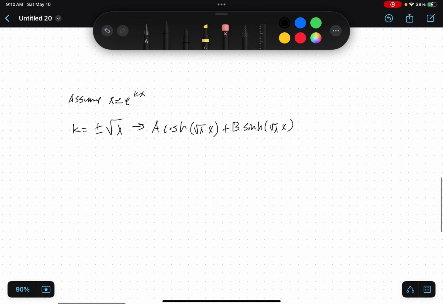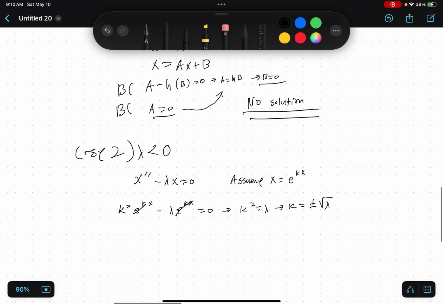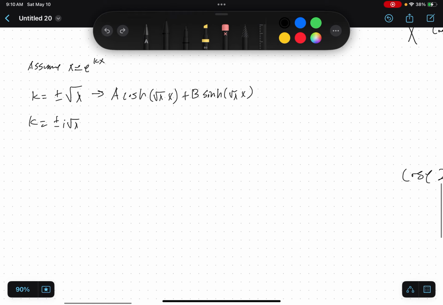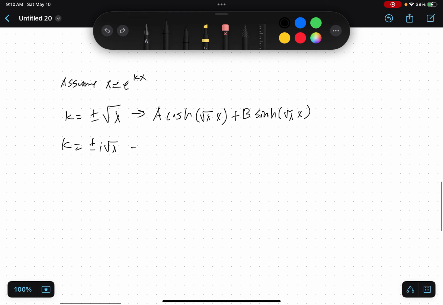Cool. If we get that k equals plus minus i root lambda, we'll see this later on, but if we assume lambda is greater than 0, we'll get this solution, and this has a solution form of a cosine root lambda x plus b sine root lambda x. So it's not hyperbolic, it's just normal.